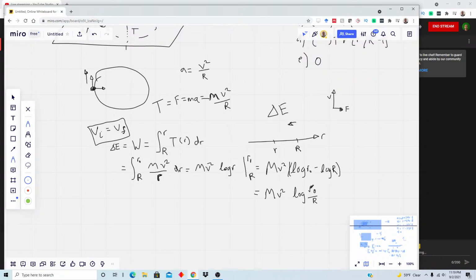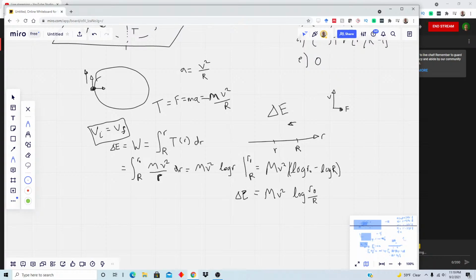Does this make sense? So let's say if we were to make this close to 0, this whole thing would approach 0. Or no, this value in here would approach 0, which would mean this is like negative infinity, which means we had to put a lot of energy in the system, right?